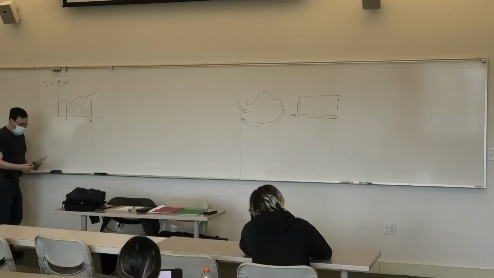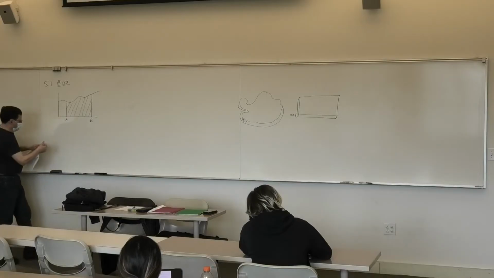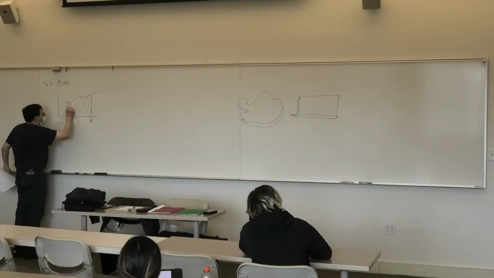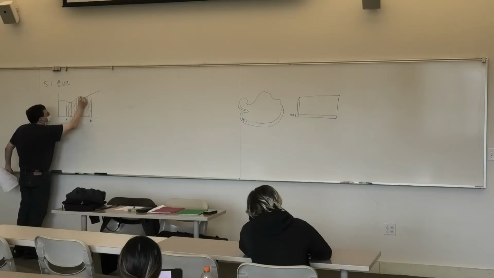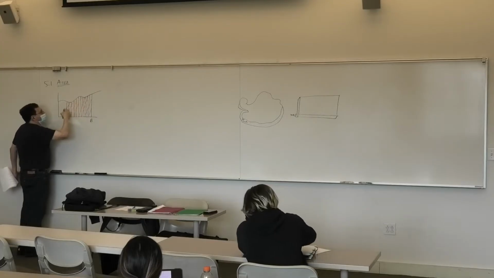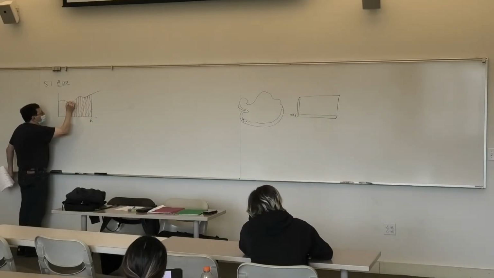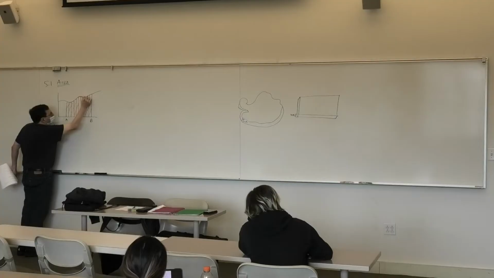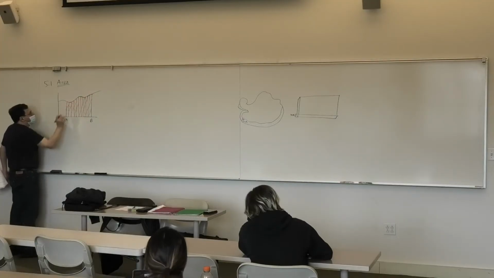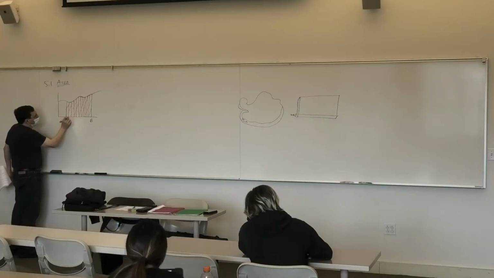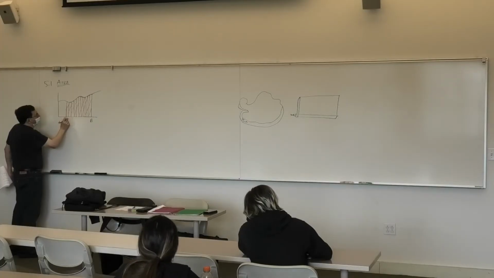Well, we're going to start by breaking this up into, I'll call them slats for the moment. And we're going to approximate the area of these slats as trapezoids. They have parallel sides, and they have a height that we can measure pretty easily.